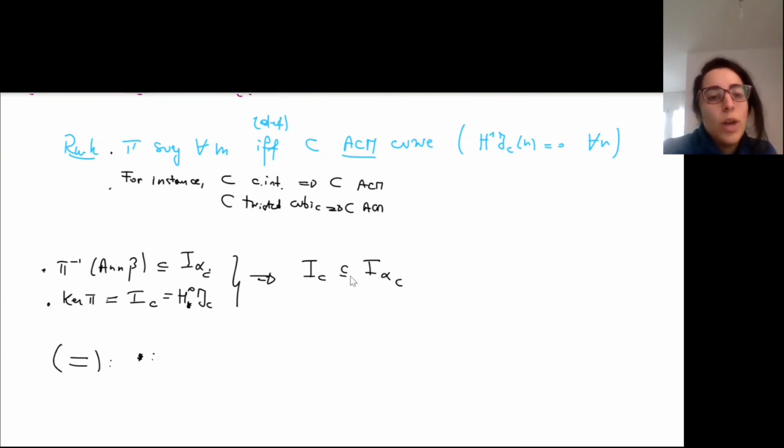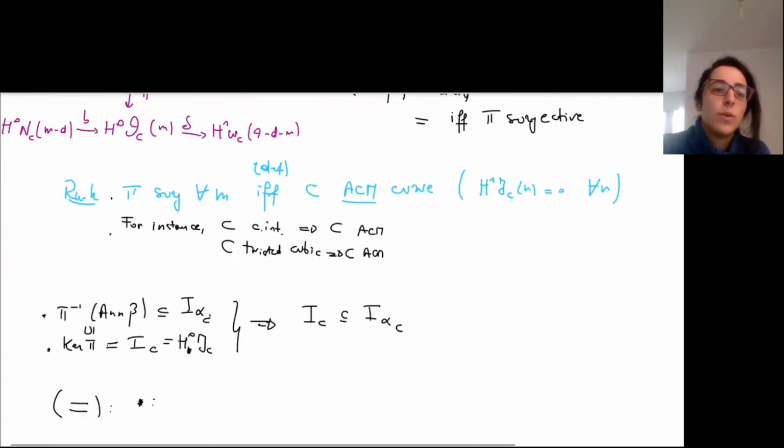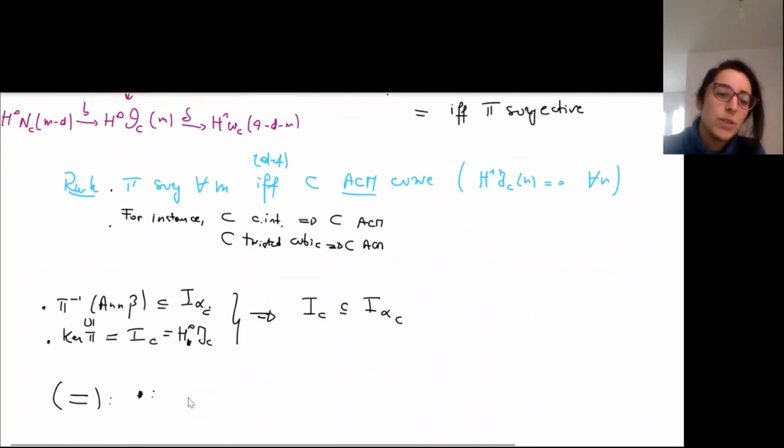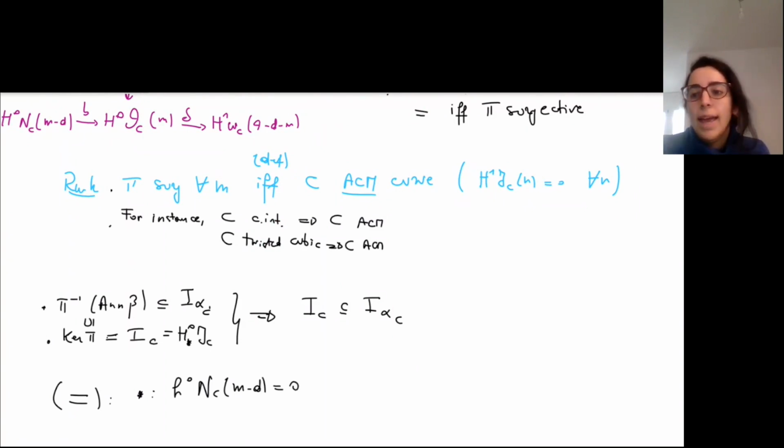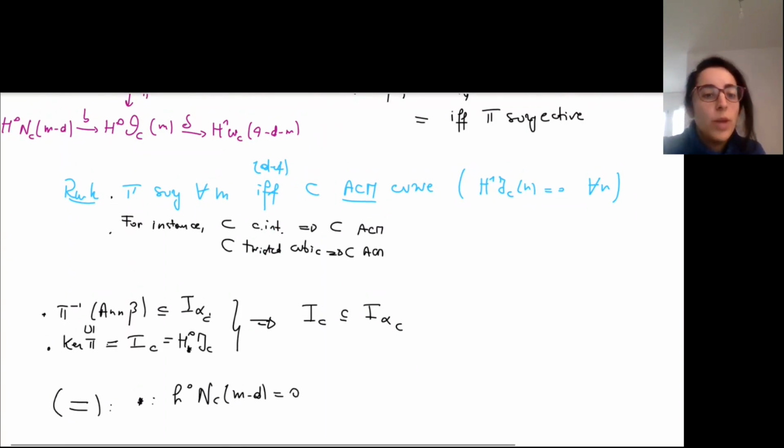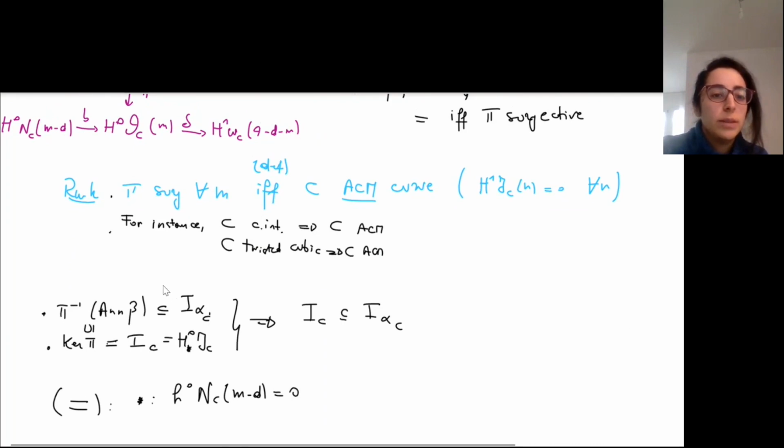How do we have equality? We have to have equality here. So the kernel is contained in pi minus 1 of the image of beta, but the image of beta should be 0. So to have the equality, we have that H0 of the normal bundle in degree m minus d should be 0. And then we have to have equality here.